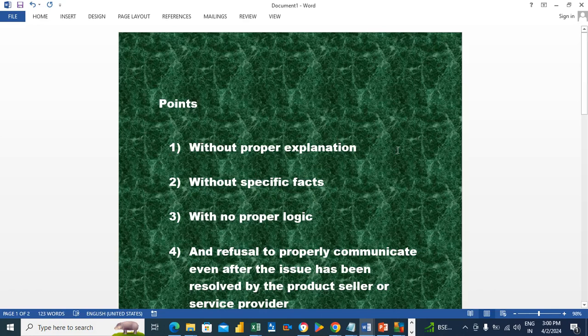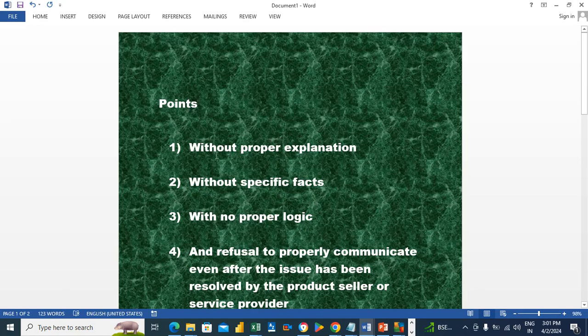Just in case you are having any difficulty understanding my pronunciation, people from the Western world may have a little difficulty understanding how I pronounce some words. So if the review is vague, not properly detailed, they will just give you a brief review without any proper explanation. That's the red flag right there.